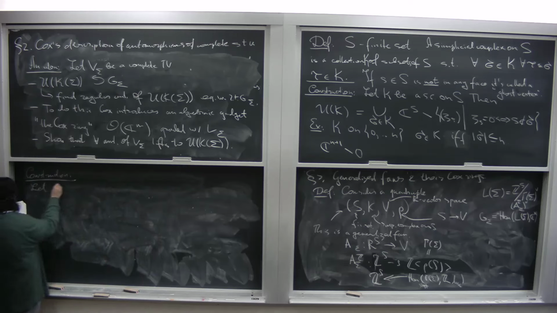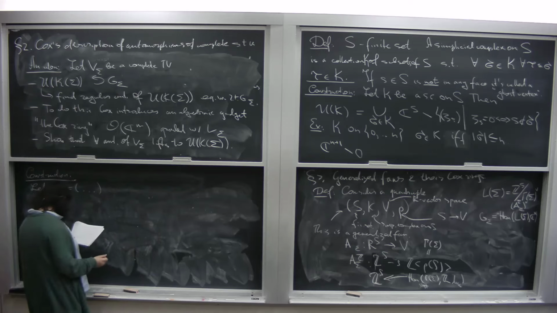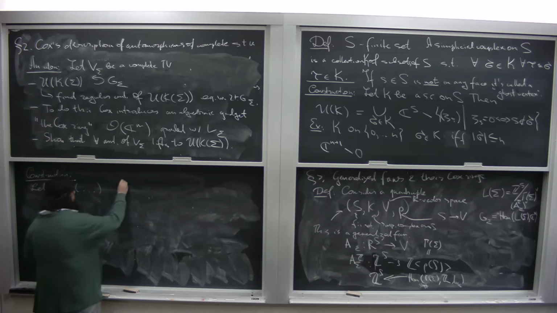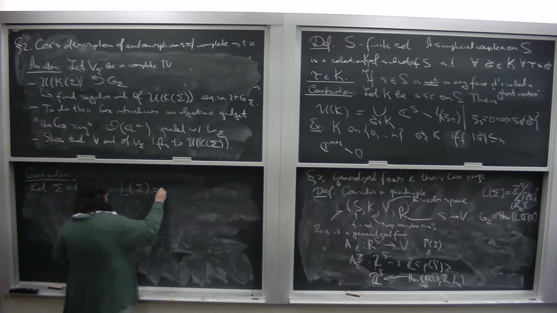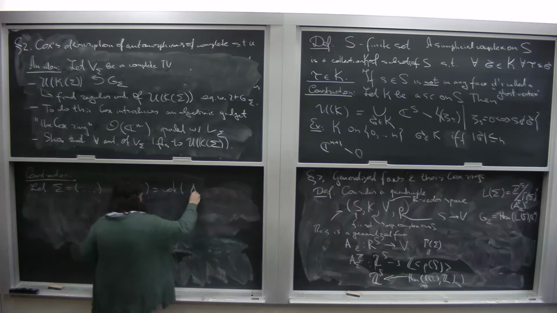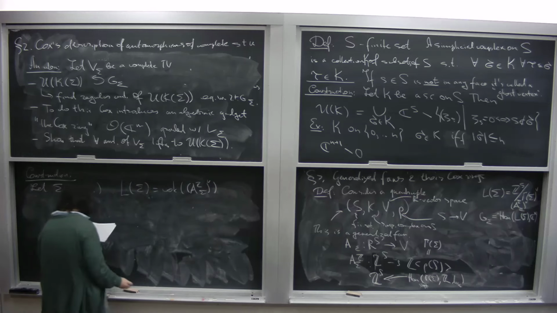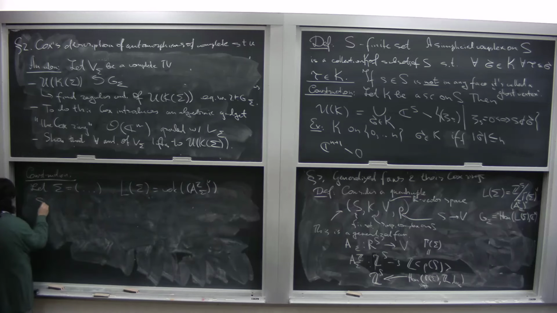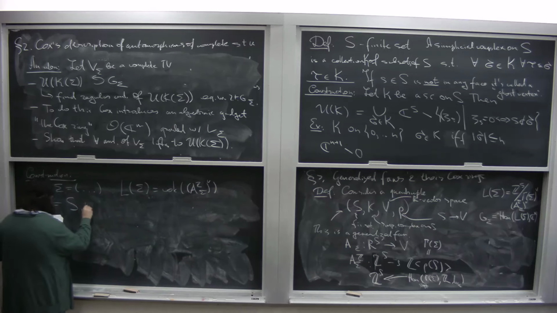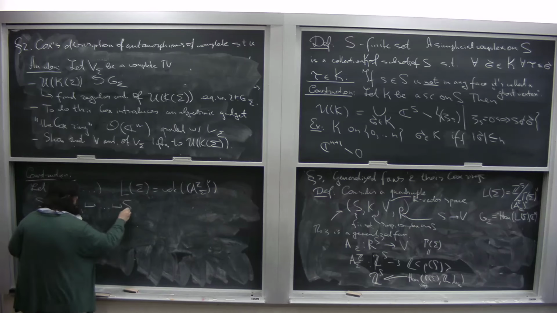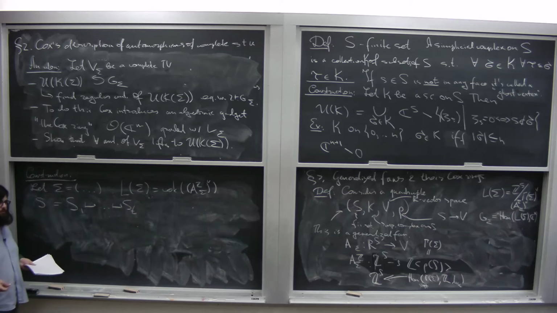So let sigma be a generalized fan, and we define L of sigma as the cokernel of this operator, and we can split S into a disjoint union of some number of subsets according to the grading.